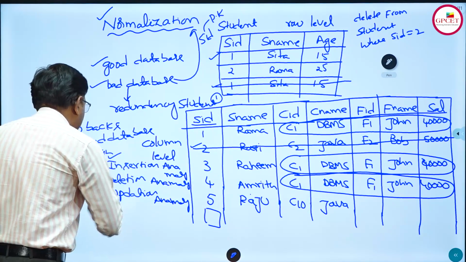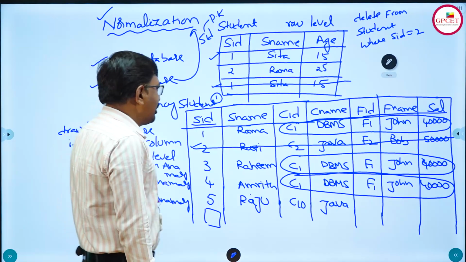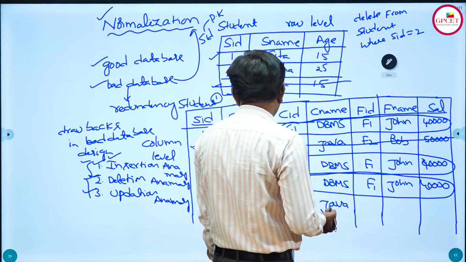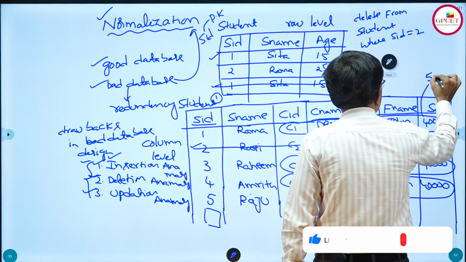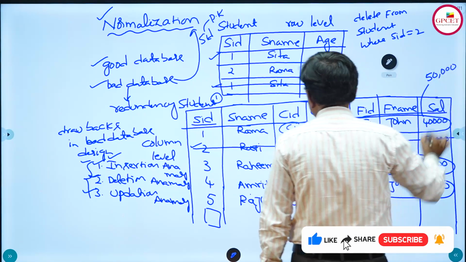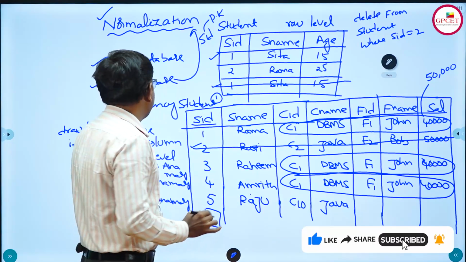Whereas in the updation, suppose you want to update the salary from 40,000 to 50,000. What is the syntax? What is the command?